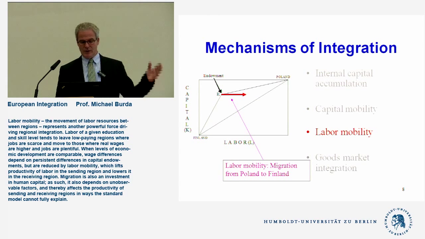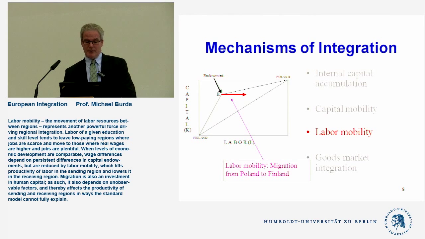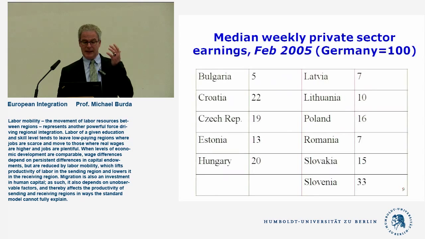It would be literally a translation of the point from E to the right of that, meaning that Poles move to Finland. Okay, so this has been observed. We observed mobility of Polish labor since the accession of Poland in 2004, even before. This will have effects that we can think about in the neoclassical framework.